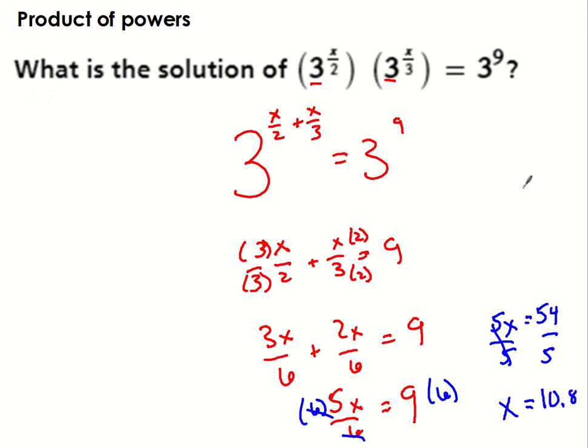Or you can leave it as 54 over 5, or 10 4/5. Okay, and that's it. So I solved for x.